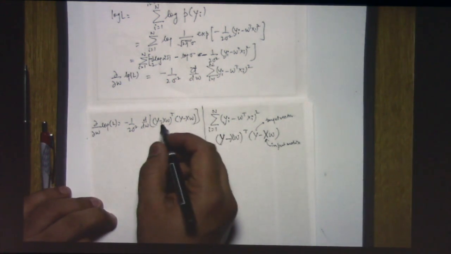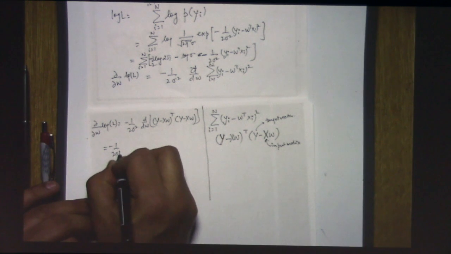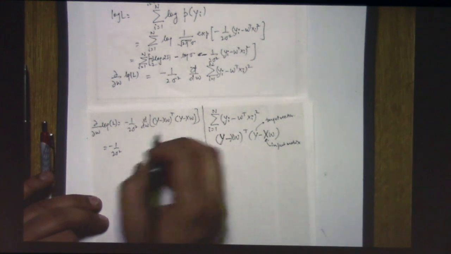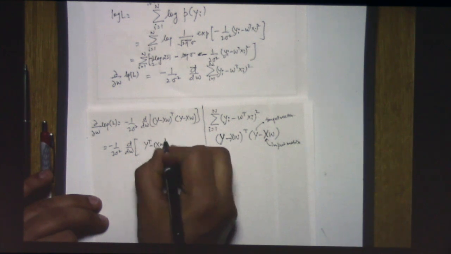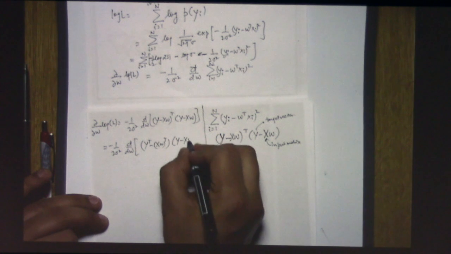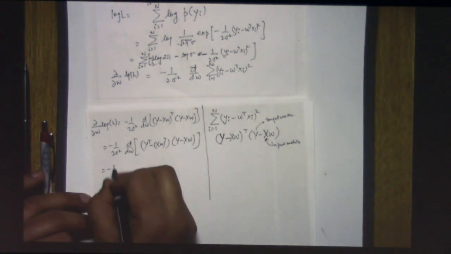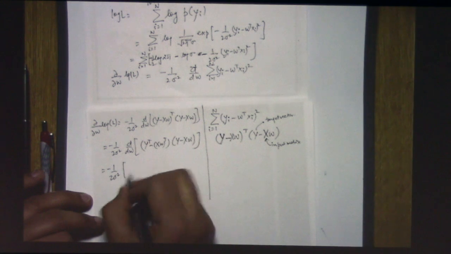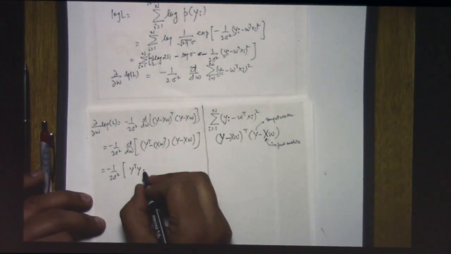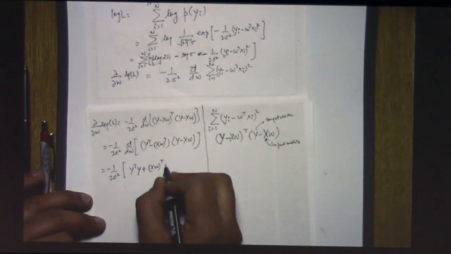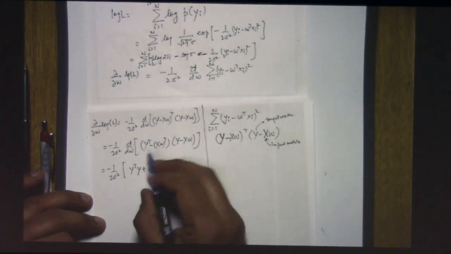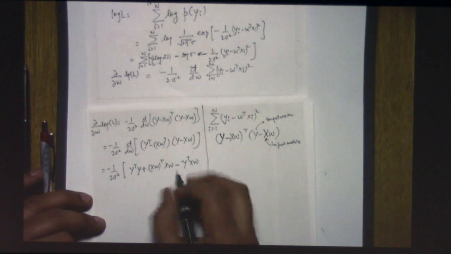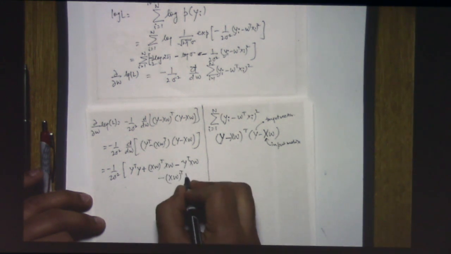One way is to open this up, the transpose goes inside, and then you can multiply them. What you would get is y transpose y plus (xw) transpose xw, minus y transpose xw minus (xw) transpose y.